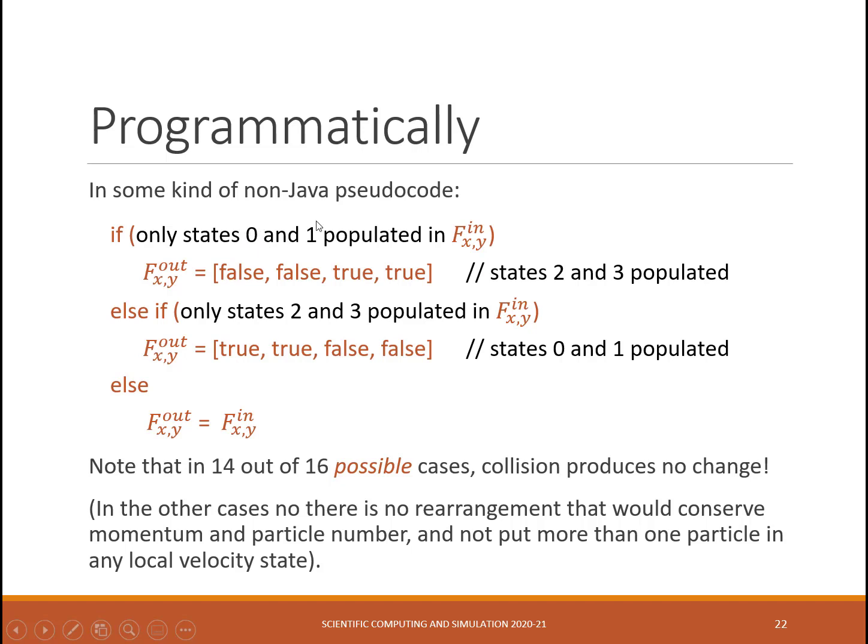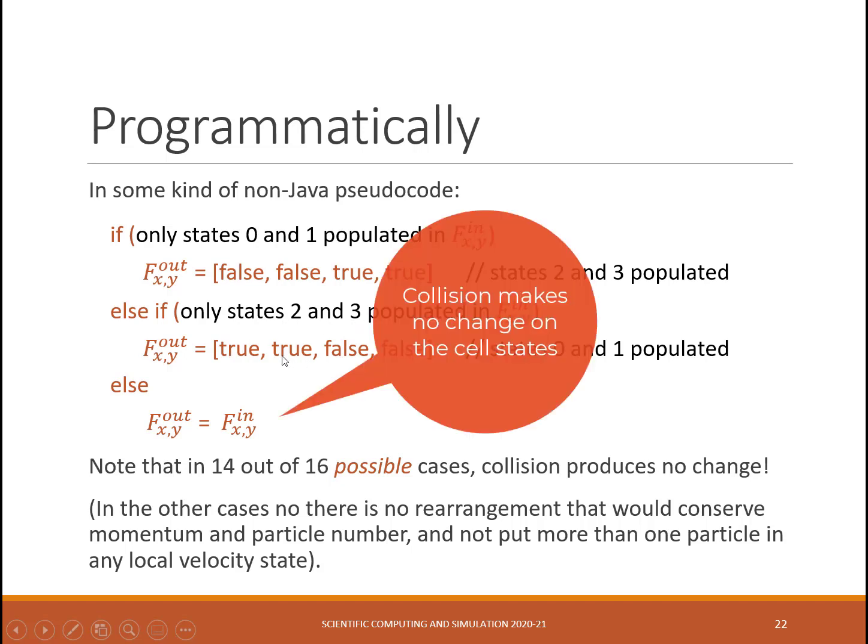Next if block deals with the two particles hitting together vertically and updates their states to 0 and 1. Apart from the two cases discussed in the previous slide, collision makes no changes on the velocity of the particles in the other possible cases.